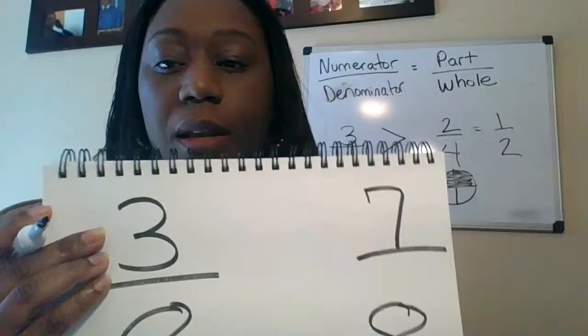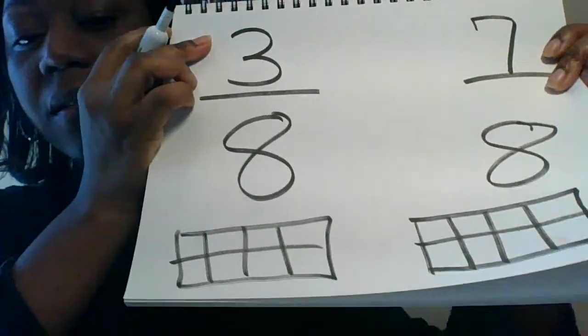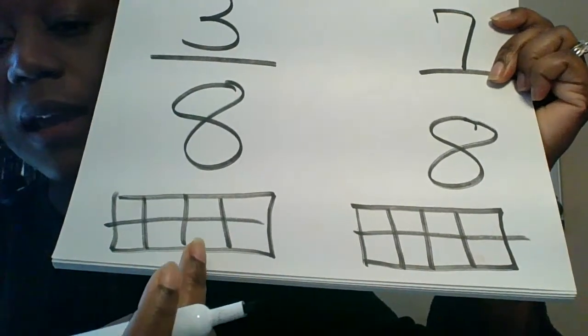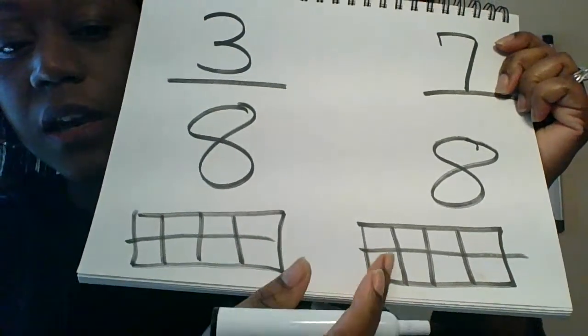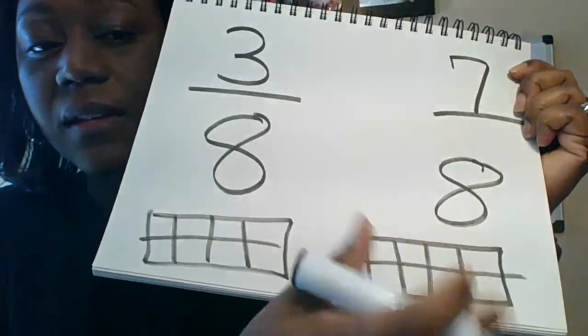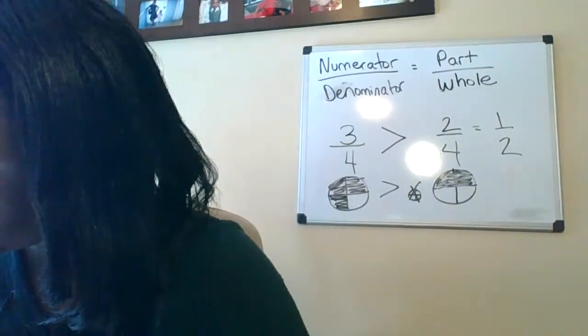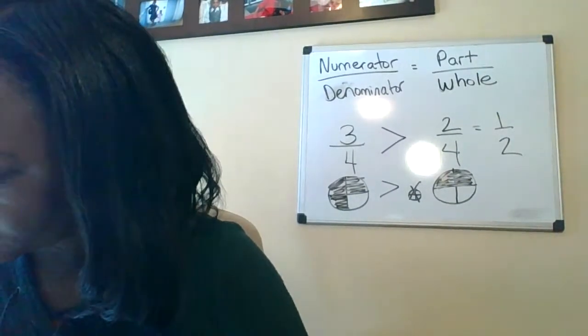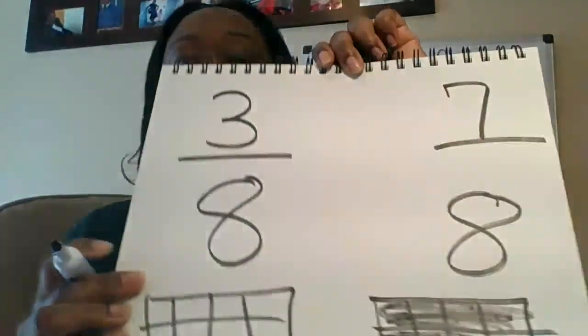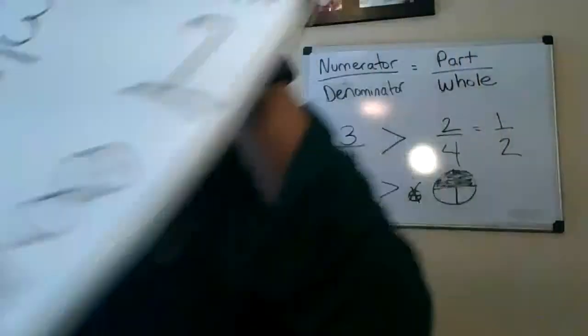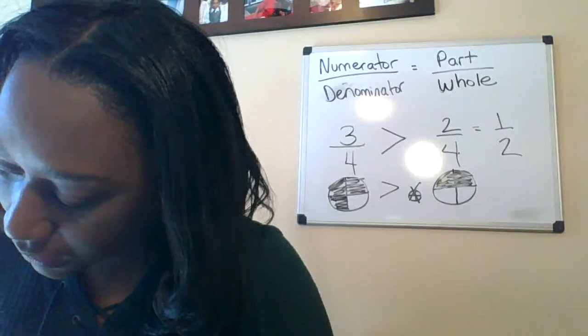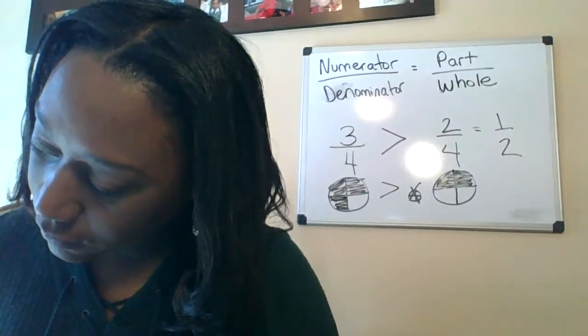All right, I'm getting the answer. My denominator is 8, so I have drawn in 8 and 8. Here I'm going to shade in 7 out of 8. Shaded in 7 out of 8. And on the other side, I'm going to shade in 3.